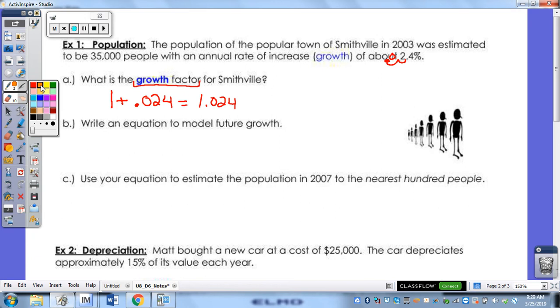So write an equation to model future growth. Now, since this is population, it has nothing to do with interest. This is our first formula we talked about on the front, y equals a times b to the x. So our A here is going to be the 35,000, because that's how many people we started with back in 2003.